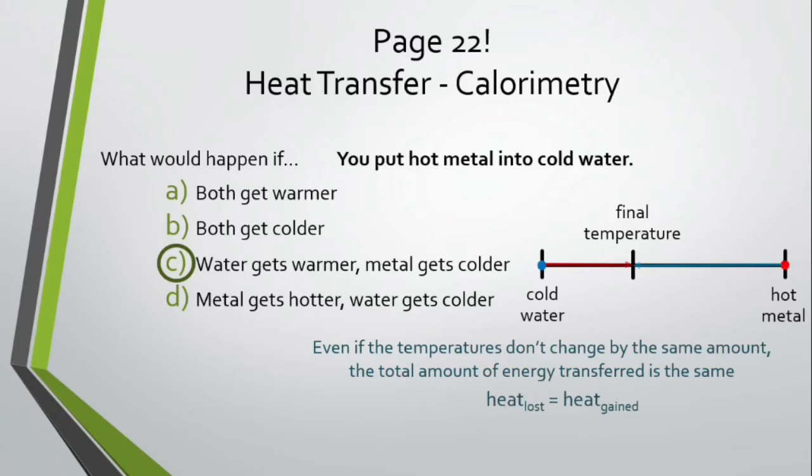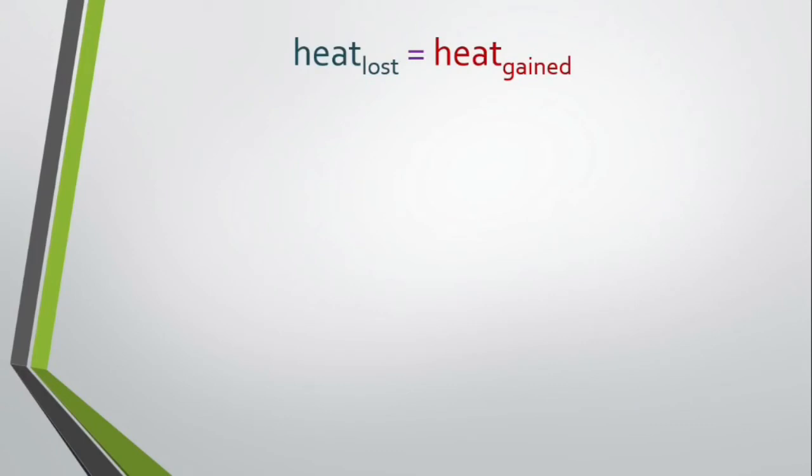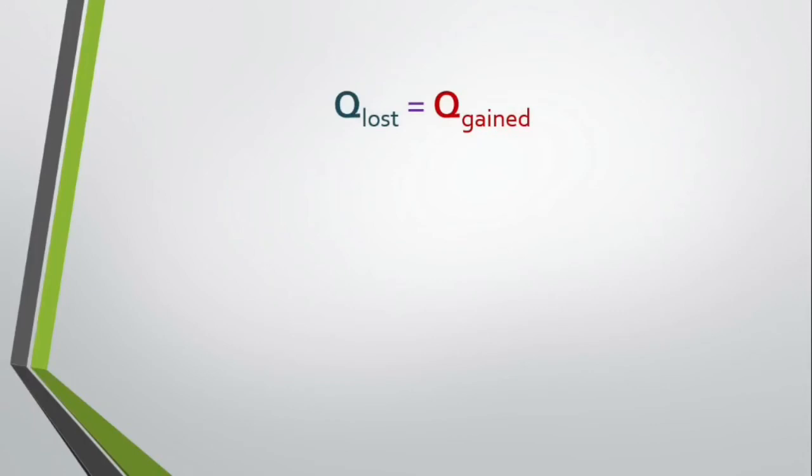So you have written down in your packet this idea of heat lost equals heat gained on page 22 at the top. We're going to expound on that just a little bit to get the usable version of this. So wait a second before you write anything down. When you're saying heat lost equals heat gained here, heat is really represented by Q in all these equations we've been working with.